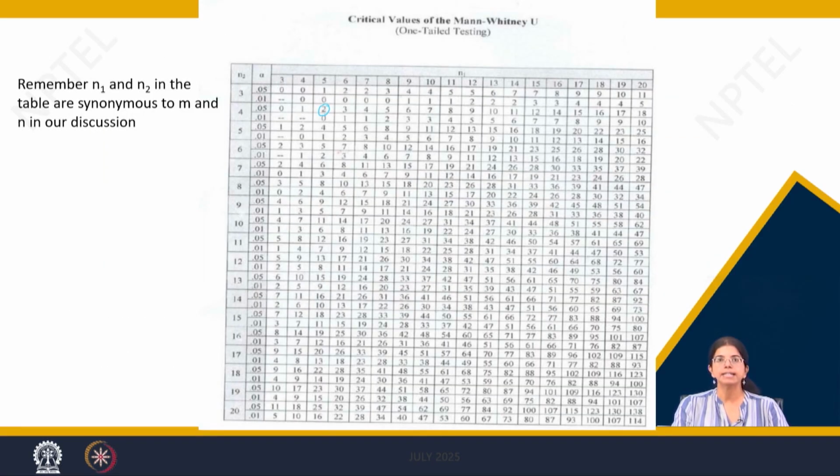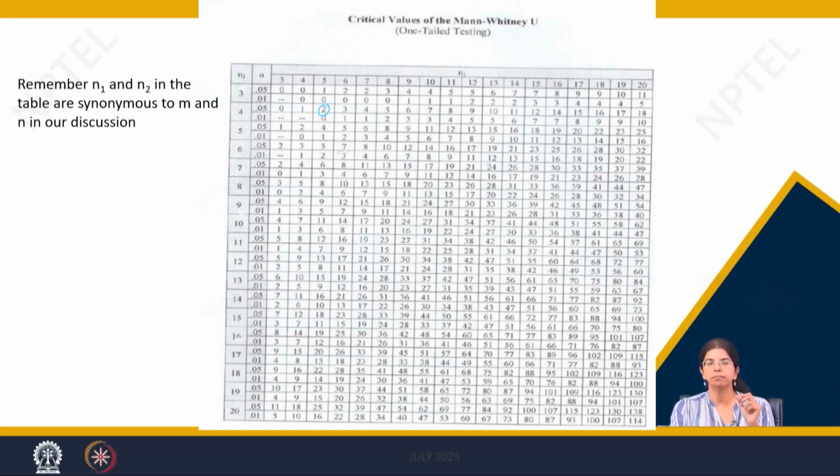So this is the Mann Whitney table, and you can see that at the top n1 is there, along the rows n2s are there, and for alpha, two values are here, 0.05 and 0.01. Suppose you are thinking about alpha equal to 0.05 and your second sample size is 4 and your first sample size is 5, then the C alpha, the critical value, comes up as 2.